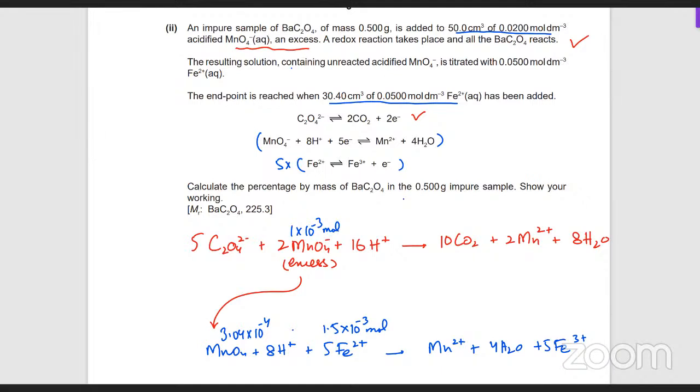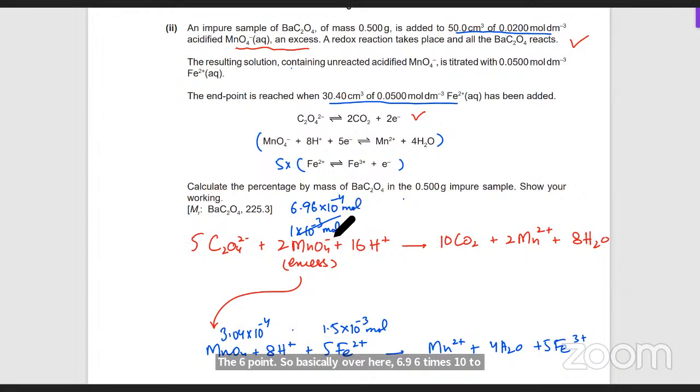So basically, 6.96 times 10 to the power minus 4 moles took part in the reaction. You added 1 times 10 power minus 3 moles, and 3.04 times 10 power minus 4 moles were still left after the first reaction. Subtract the two and you'll find the moles that took part in the reaction.